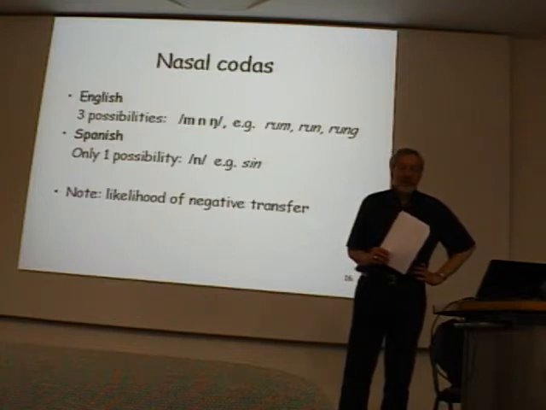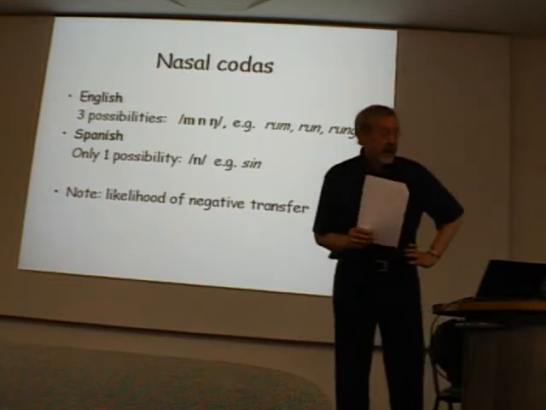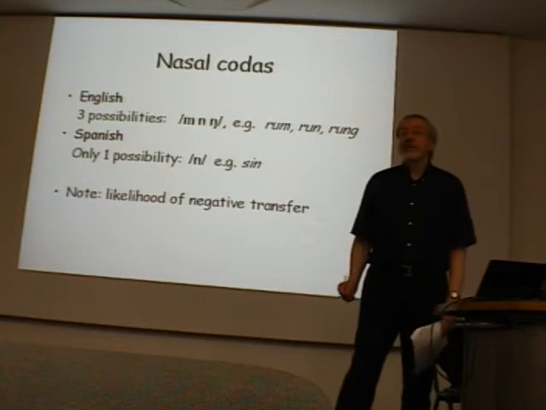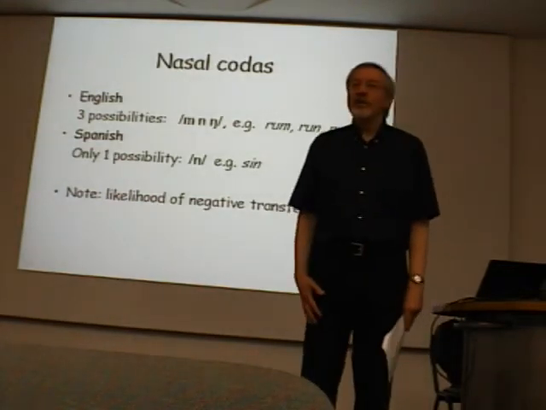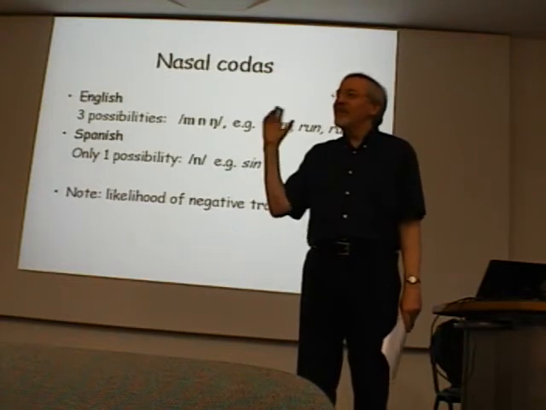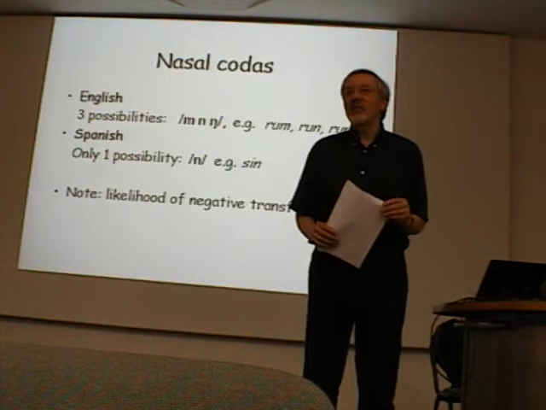In Spanish, only one possibility, n, as in sin. And so therefore you have the likelihood of negative transfer. By that I mean, in straightforward English, transferring bad habits from the mother tongue to the target language.